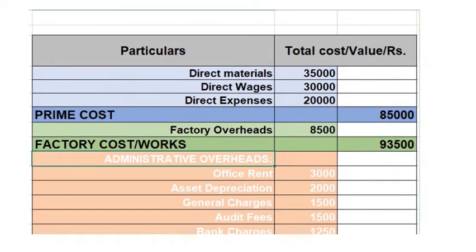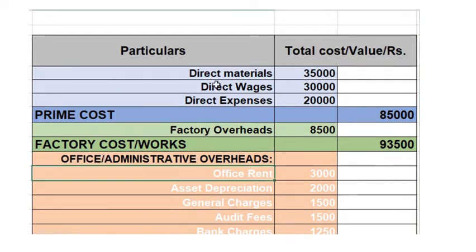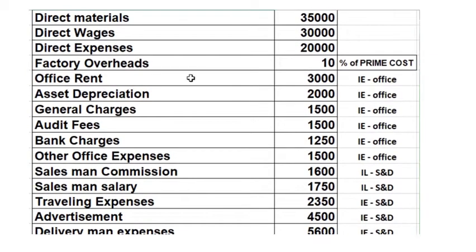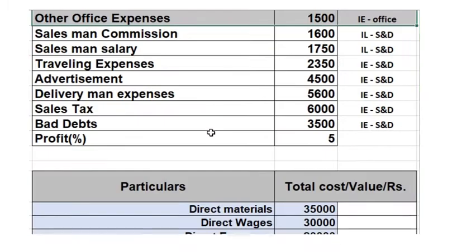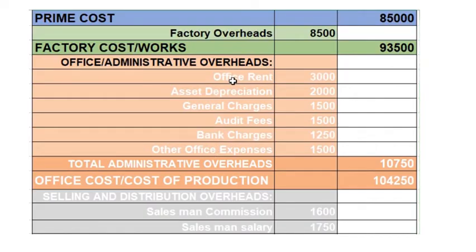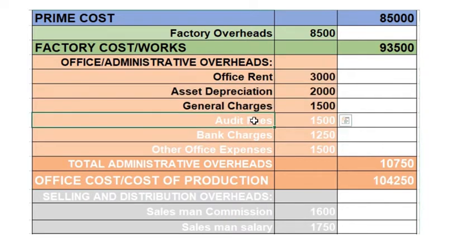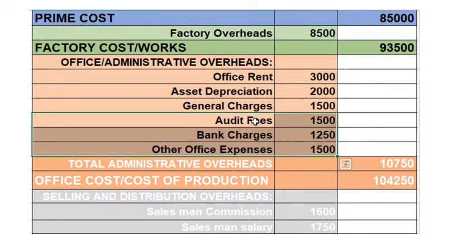Next you have to list all the office and administrative overheads. So what are those things? We have already known. So we will take all these things which are related to office and put it here. As we have already divided based on classification, office rent, asset depreciation, general charges, auditor's fee, bank charges, other office expenses.